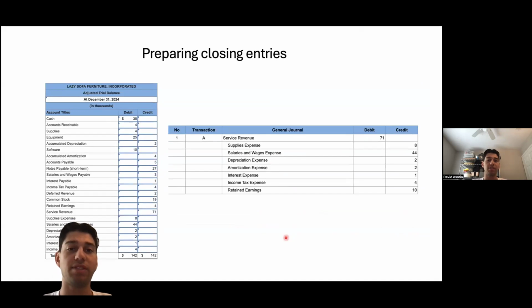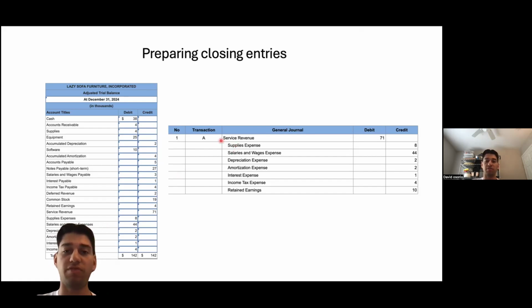And then after that, we prepare our closing entries for all the temporary accounts, which are basically all the accounts included in the income statement, such as service revenue, supplies expense, and all the expenses. For the closing entries, we do the opposite of the normal balances of the accounts.